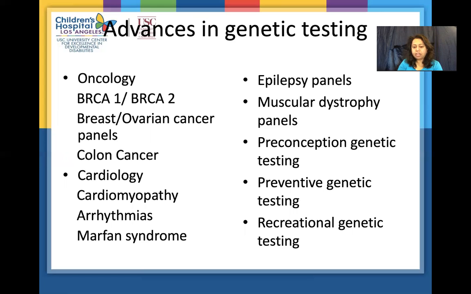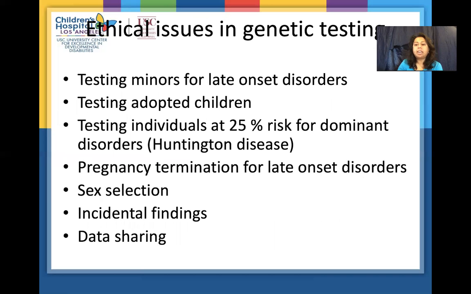So there's all sorts of different genetic tests, and now we've also seen more and more consumers using recreational genetic testing. And of course, we have to explore more and more the ethical issues involved with these sorts of tests.